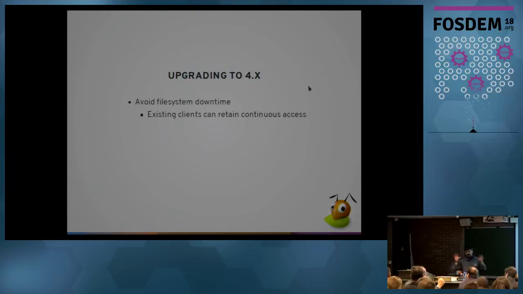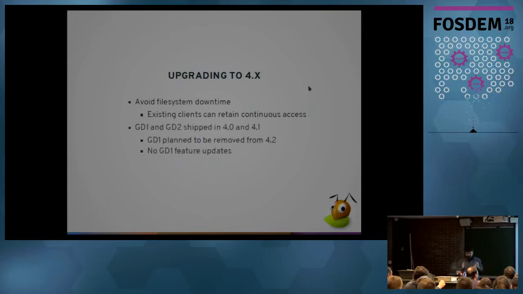Any clients that have access to running volumes will retain their access continually throughout the upgrade process, and they can continue writing to and reading from the volumes as the upgrade progresses. One caveat is that this only applies to volumes that are redundant. Purely distributed volumes won't get this capability, but volumes that are replicated or erasure coded can do this.